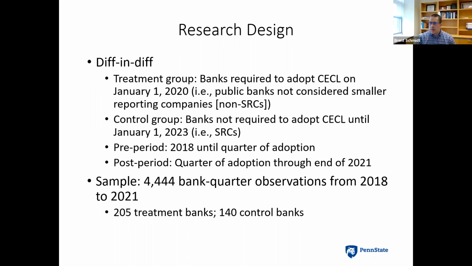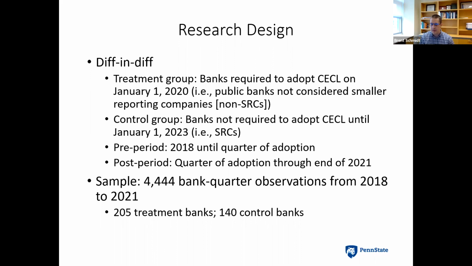Yeah, so that's not something we have necessarily considered, in terms of cross-sectional variation in which banks we might expect to have more incentive to manipulate the provision under CECL and that sort of thing.